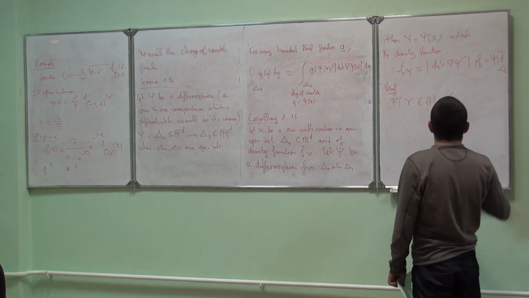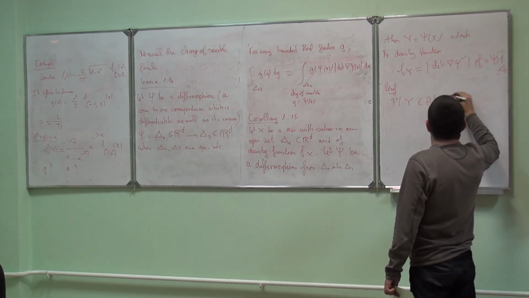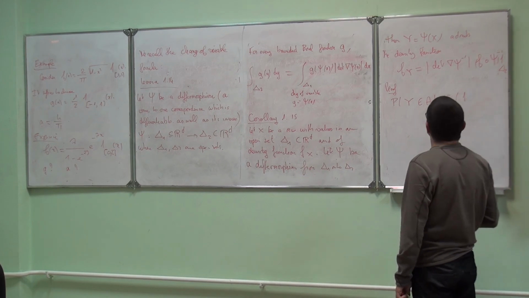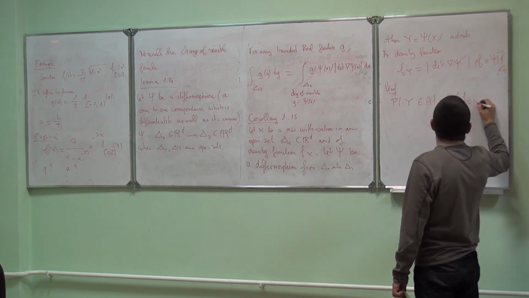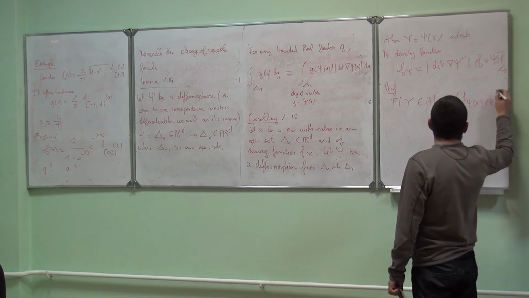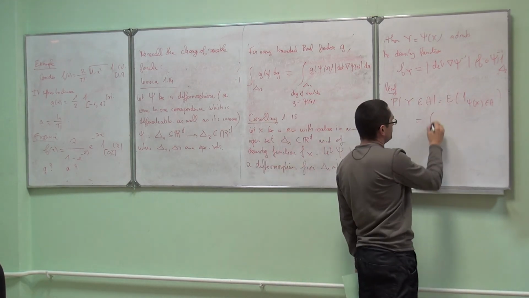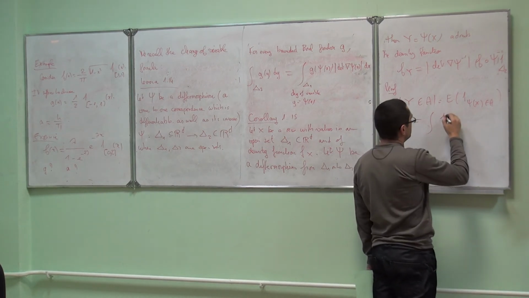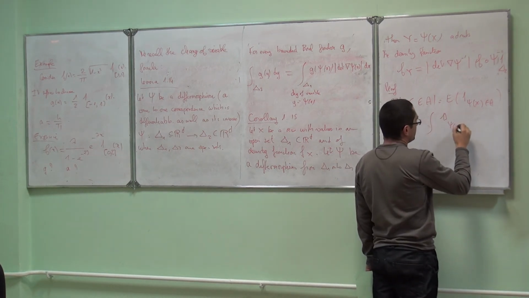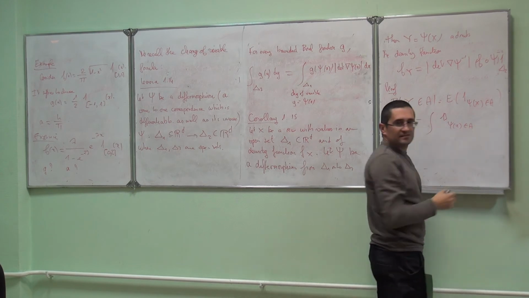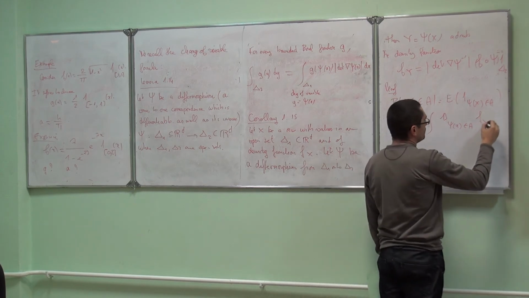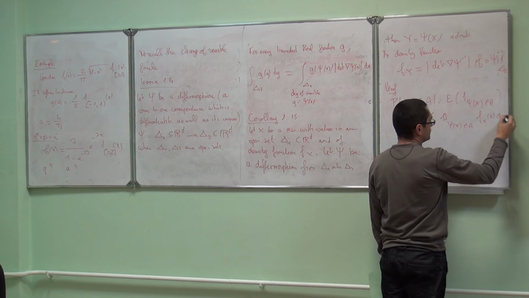This is the expectation of the indicator function of ψ(X) belonging to A, so you can see it as an integral of the indicator function of ψ(x) belonging to A times the density function f_X(x) dx.